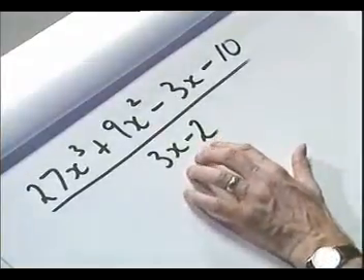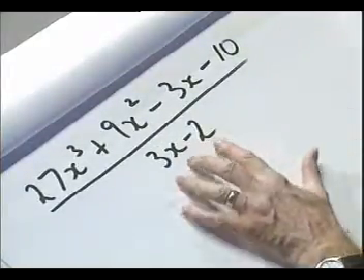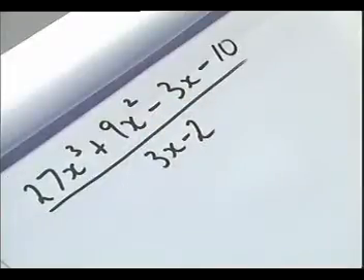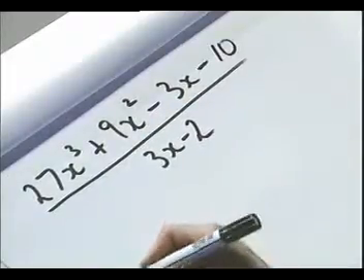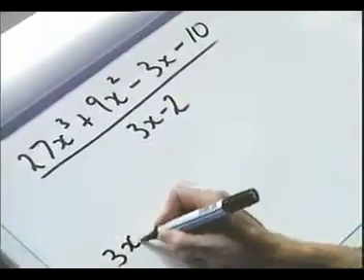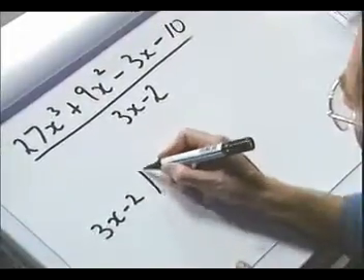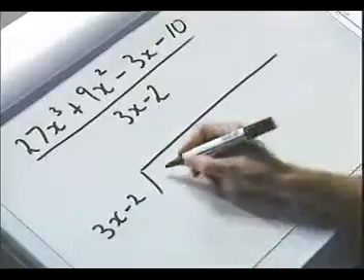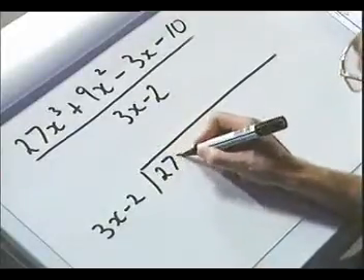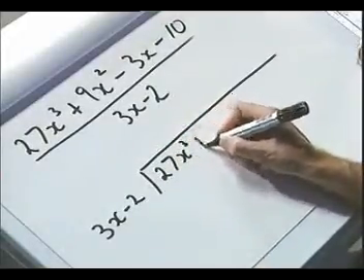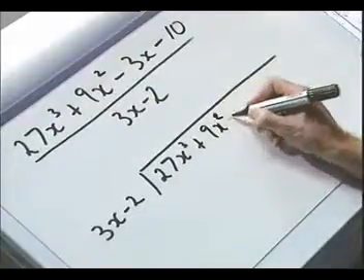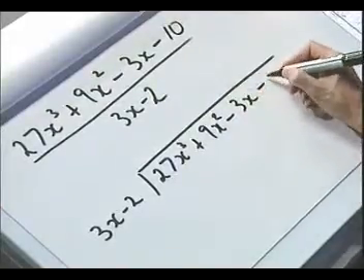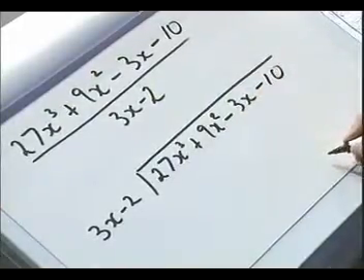We want to divide that into that. We want to know how many times that will fit into there. So we set it up exactly like a long division problem. We're dividing by this. This is what we're dividing into: 27x cubed plus 9x squared minus 3x minus 10.